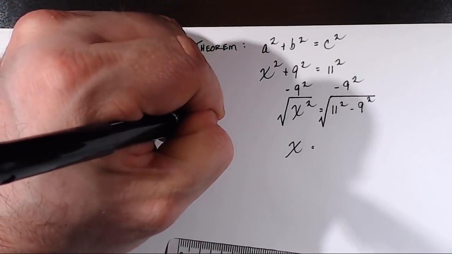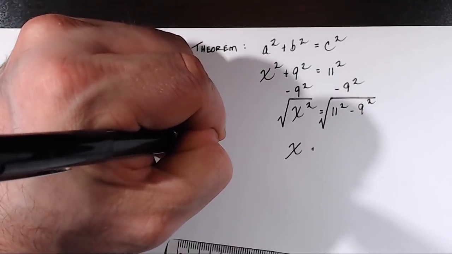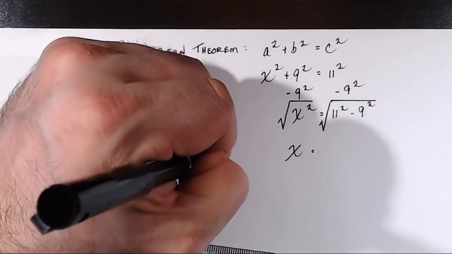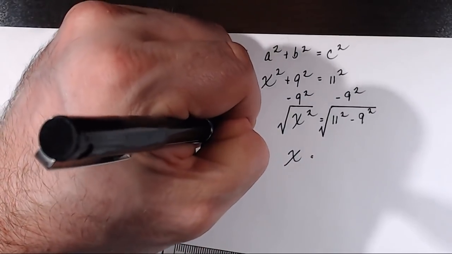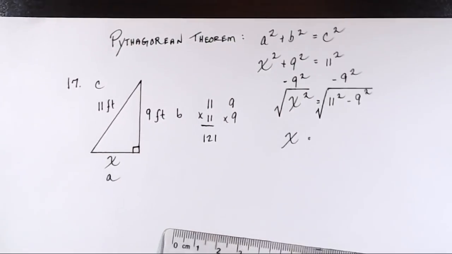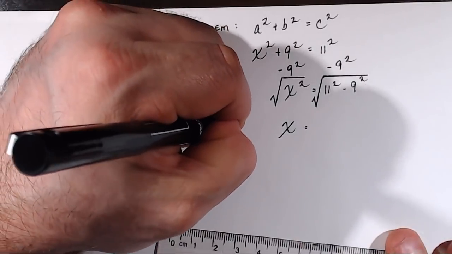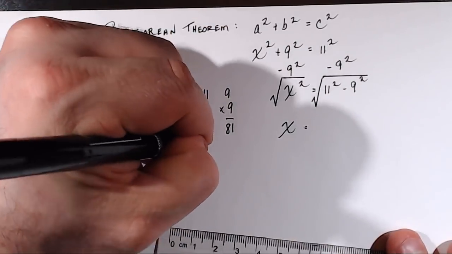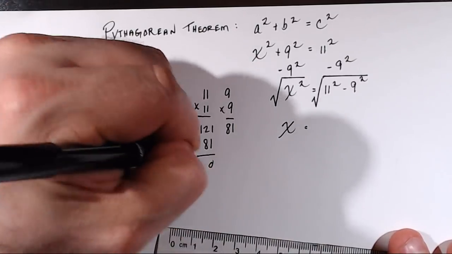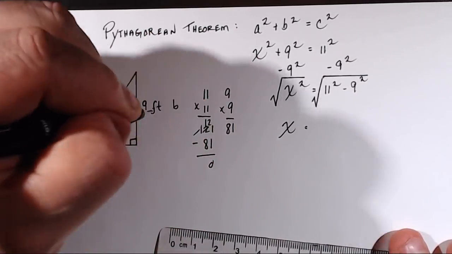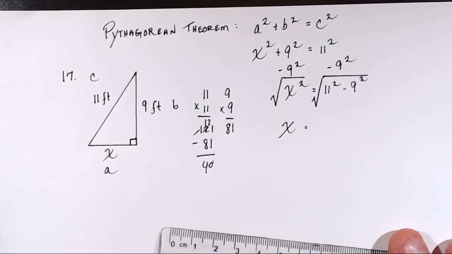So 11 times 11 is 121. 9 times 9 is 81. 121 minus 81 equals 40.